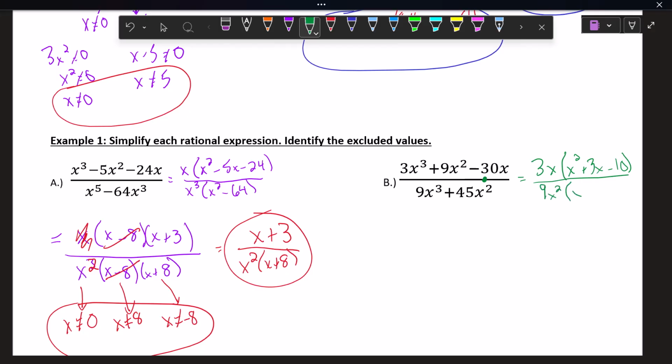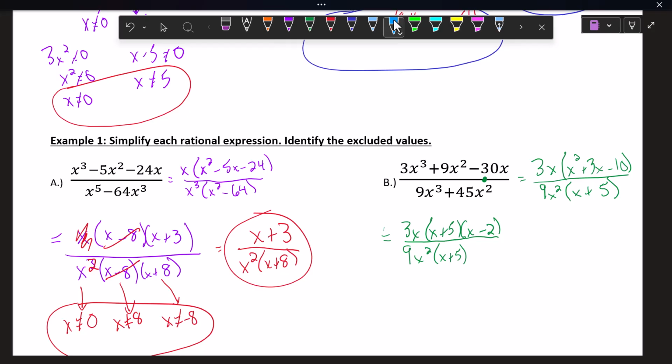We're left with x plus 5. So the denominator is already factored. There's not anything else we can do. Numerator, we can. Because x squared plus 3x minus 10, we can do an MA problem. So it's x plus 5, x minus 2.